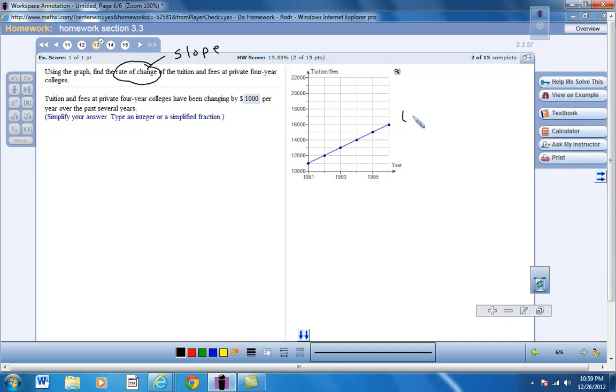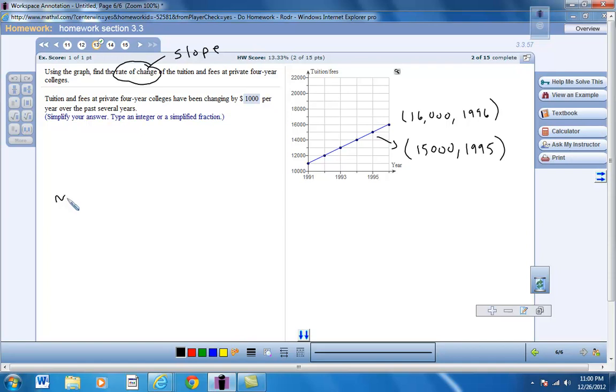Looks like this point here is 16,000, and that's 95. This must be 96. 1996. This point right there looks to be 15,000 and 1995.